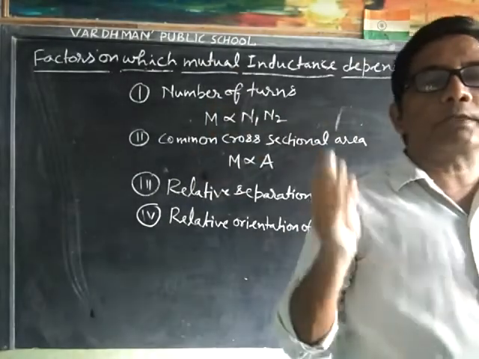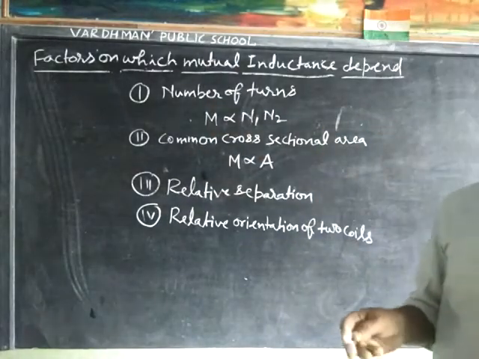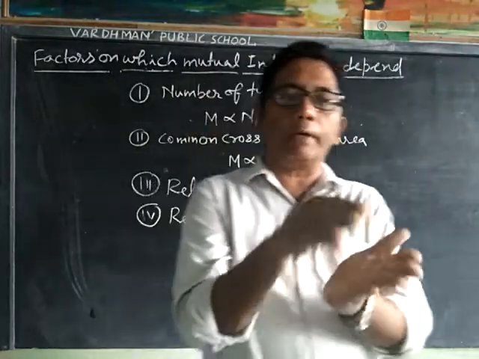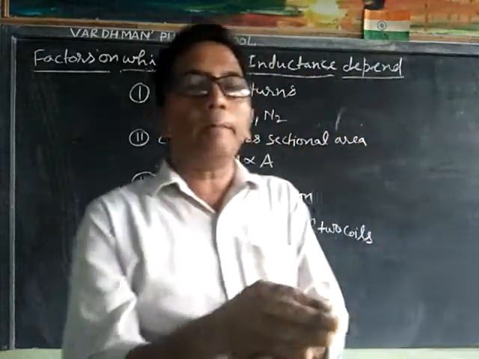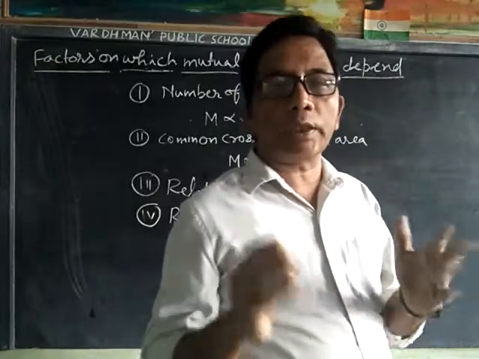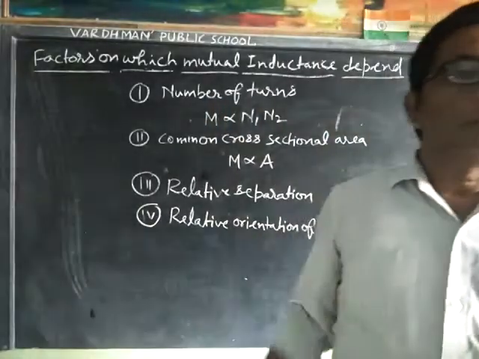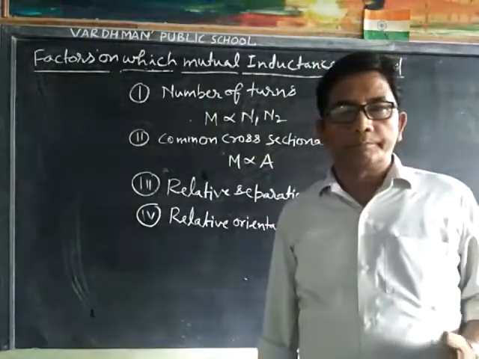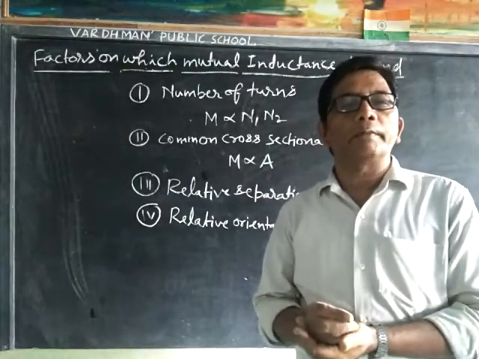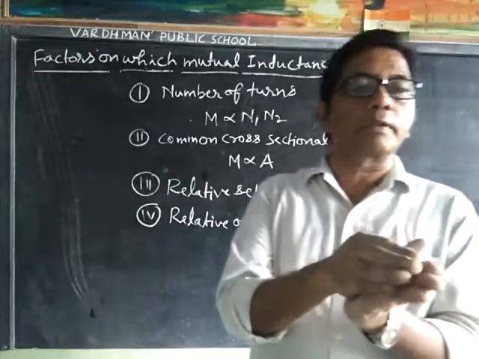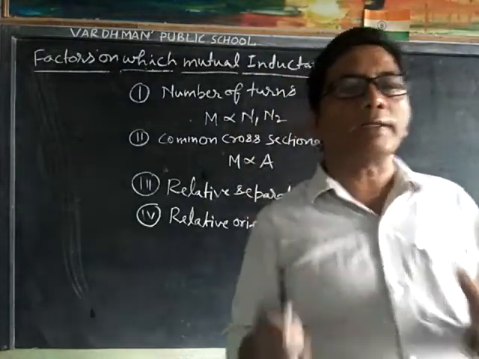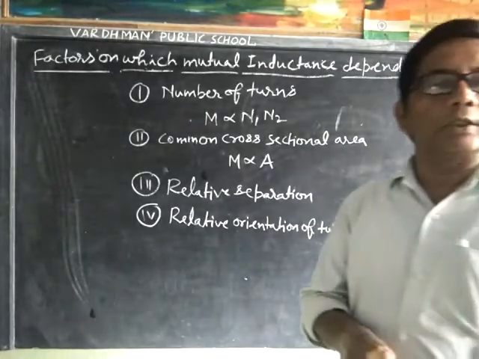M is maximum when the primary coil completely envelops the secondary coil. M is minimum when the two coils are perpendicular to each other.